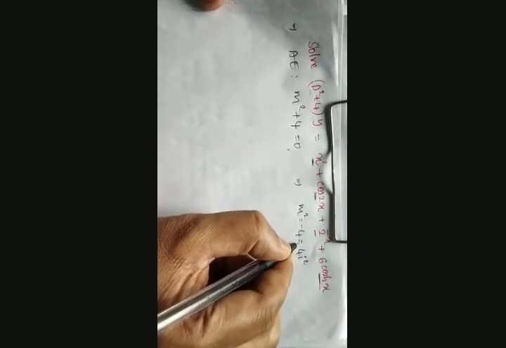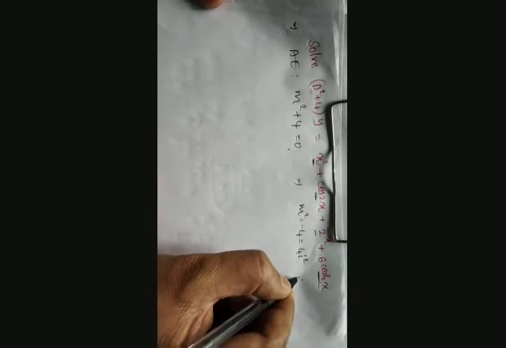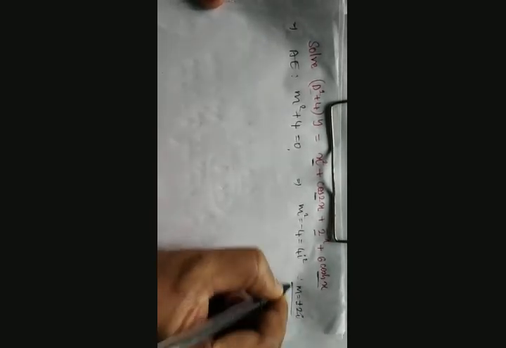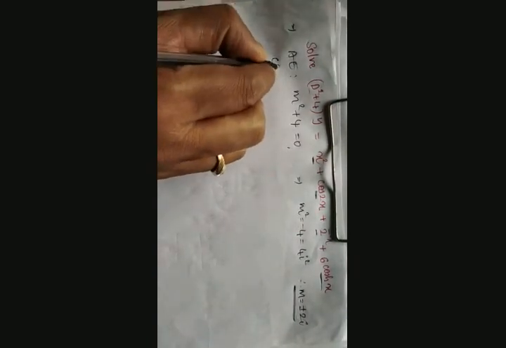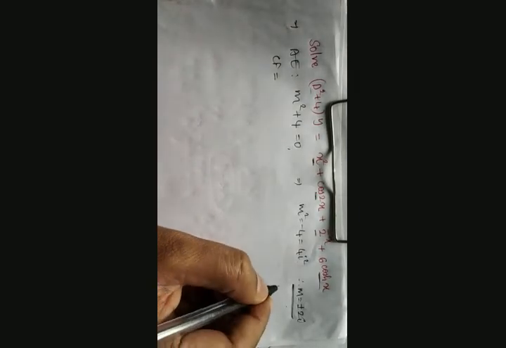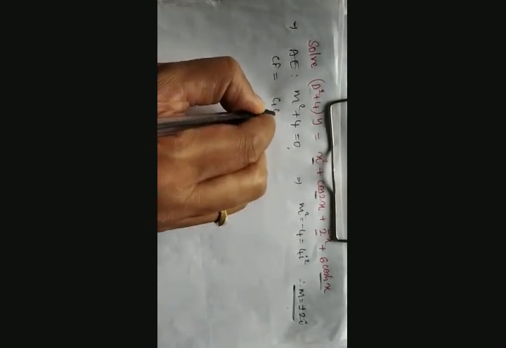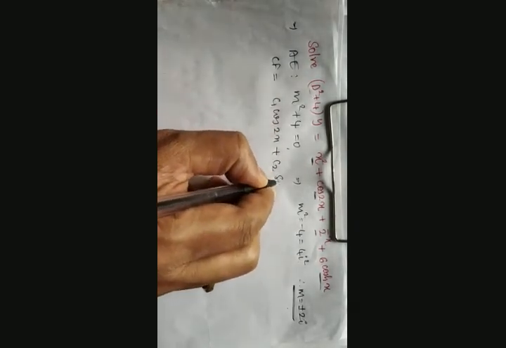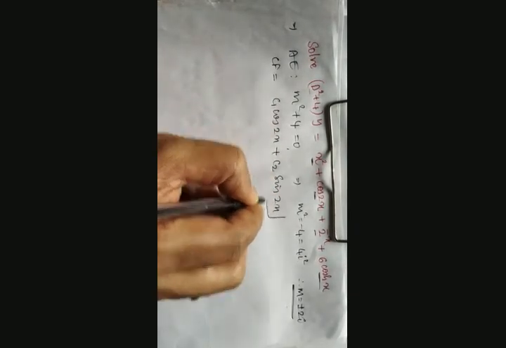This minus can be managed as i square. Therefore, m is equal to plus or minus 2i. We are going to get this as the root. Therefore, the complementary function for a purely imaginary root is c1 into cos 2x plus c2 into sin 2x.